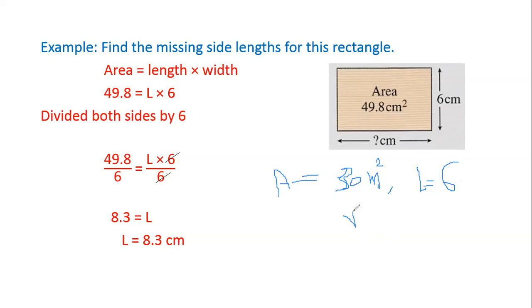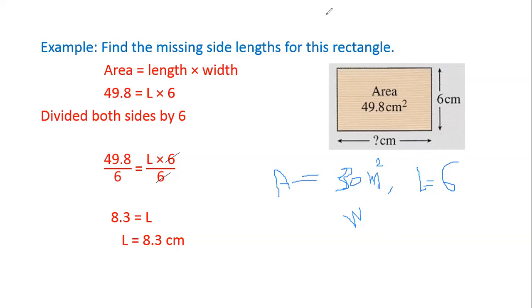My question is about width. How can you find W? Just raise your hand, please. Again, the question is area equals 30 meter power 2 and length equals 6, and you have to find width.